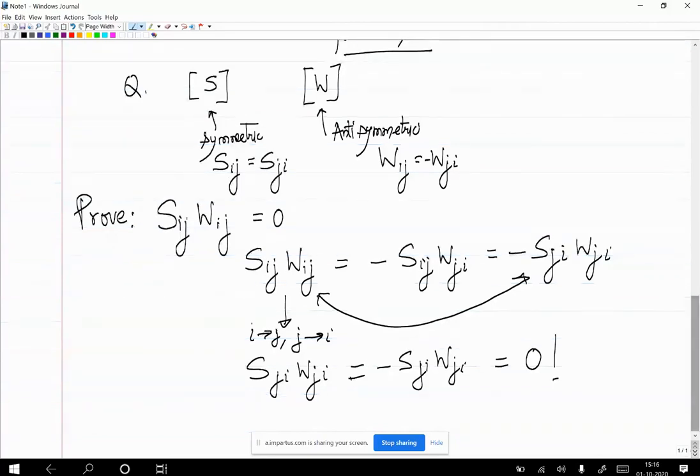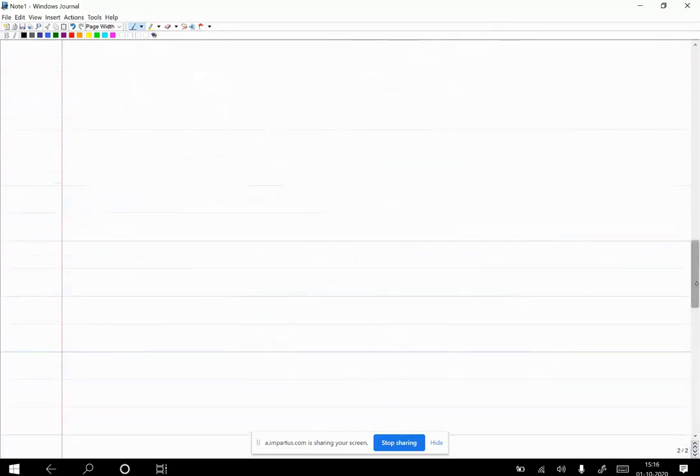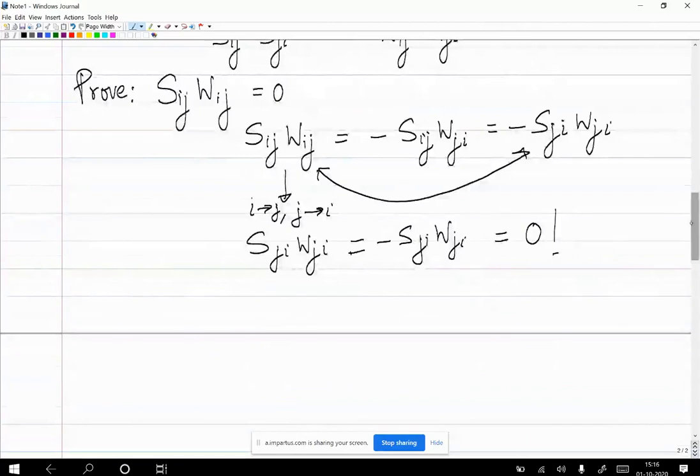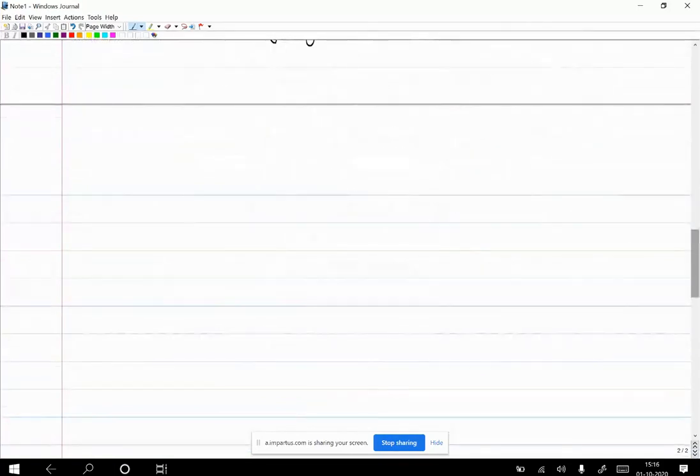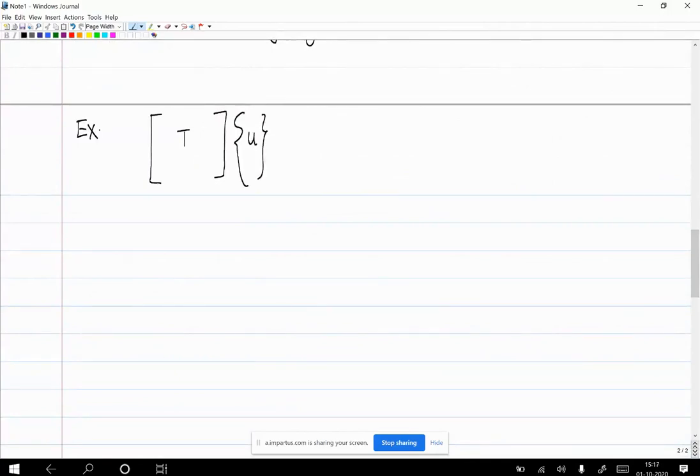Okay. Now another one, let us do. Think of this example. So we have a matrix T which is multiplied with a vector U. When you multiply a matrix with a vector, what you get is a vector, right?